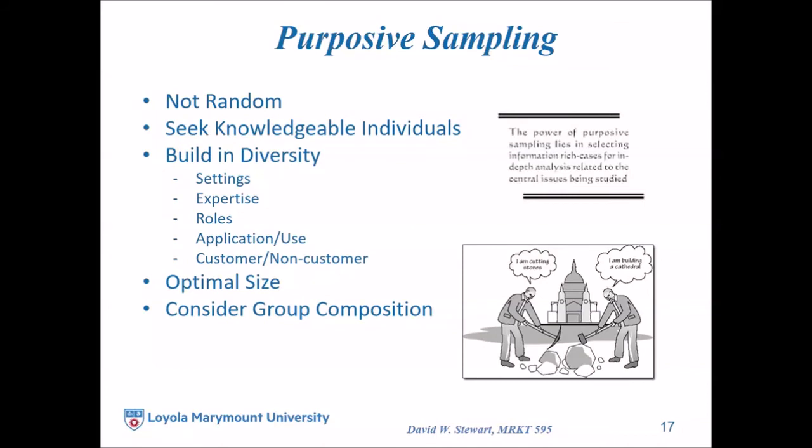We talked about purposive sampling already, not random. You really do want to seek out knowledgeable individuals who have the information that you want, but you also want to build in some diversity. So if I'm talking to hospitals, for example, I might want to have some hospitals that are teaching and research hospitals, and general care hospitals, because their worlds are a little bit different.